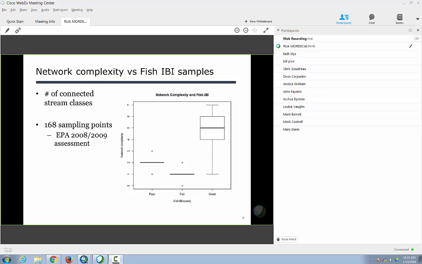And so the fish, this network complexity was our best predictor of fish amongst all the indicators. So that's initial testing of this network complexity metric based on some point level data. So any questions on that before we move on and look at some of these spatially and a couple options and some trade-offs?